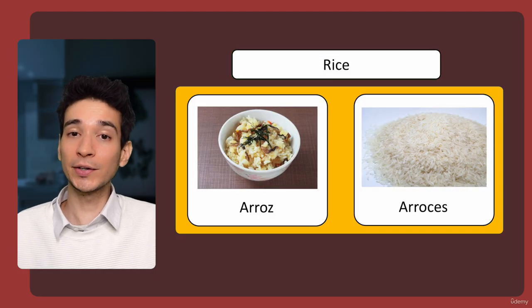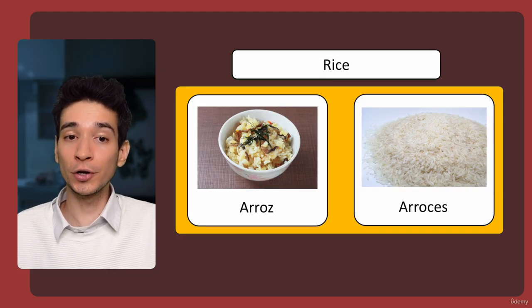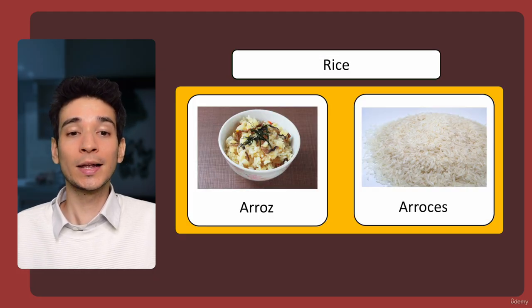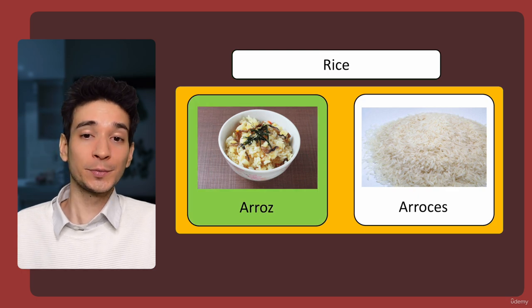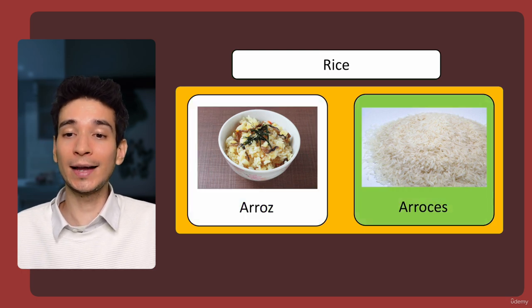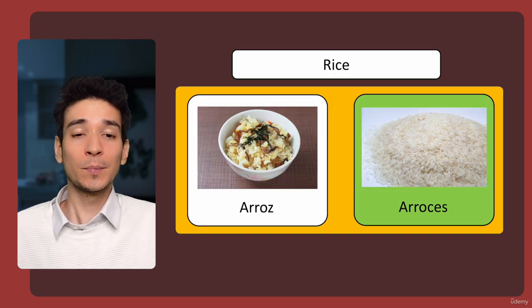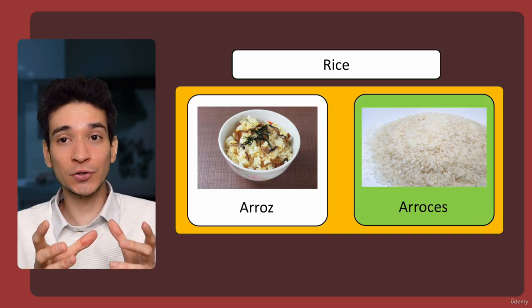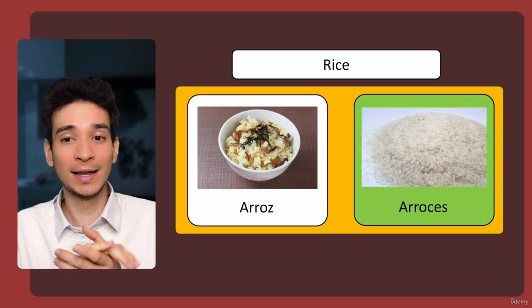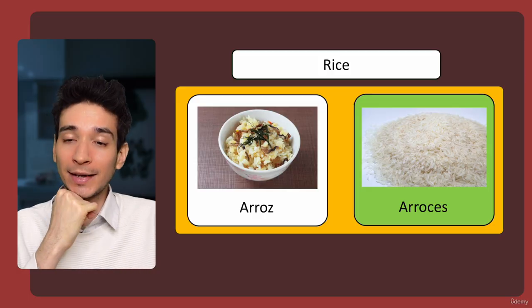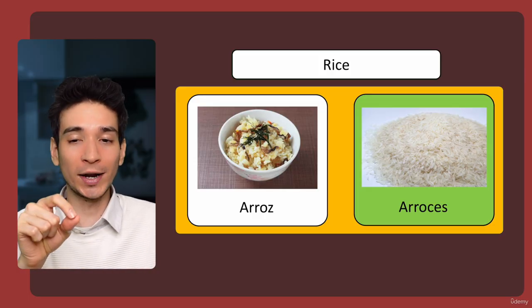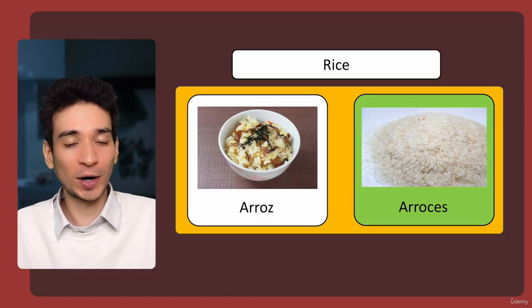Another example is arroz, rice. If we make it plural, we would say arroces. But most of the time when we say arroz, we refer to the whole bowl of rice. Arroces, in many cases, we refer to the grains of rice, where you have lots of grains of rice.